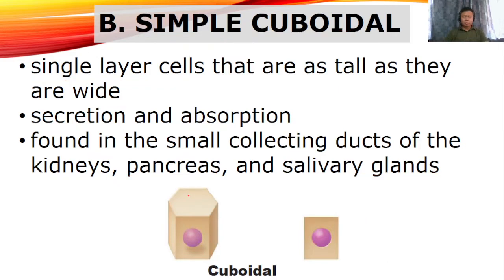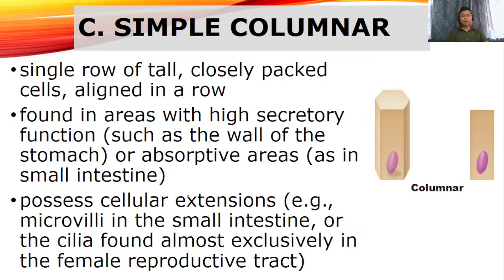Moving forward, we have the simple columnar. These are tall tissues closely packed together, aligned in a row.